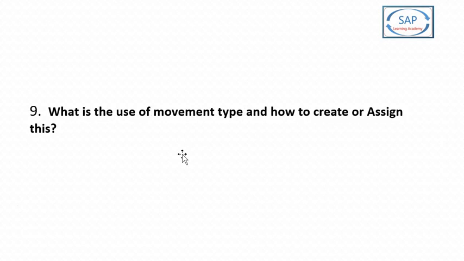Now we'll be moving to the next question, question number 9. What is the use of movement type and how to create or assign this?